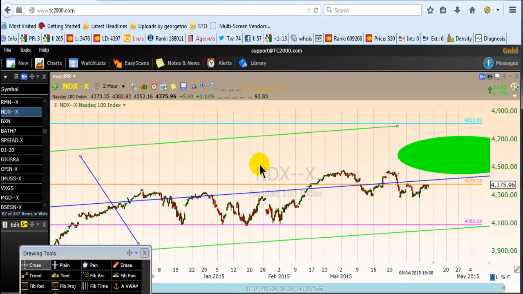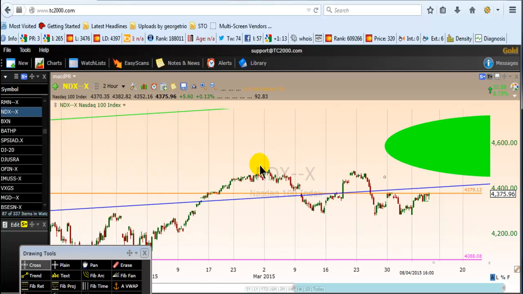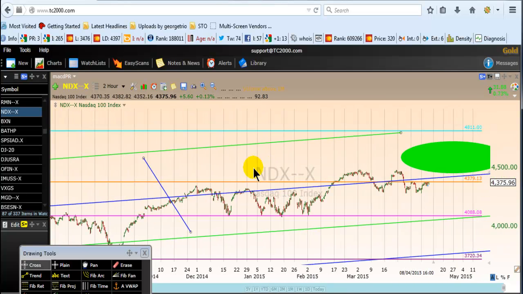Looking at the Nasdaq 100 on a 2-hour chart, can you see a new market pattern? There is a consolidation taking place. I don't want to draw any more lines on my chart. I just want you to remember that there is a consolidation taking place between the short-term equilibrium price level, which is the orange horizontal line, and the long-term equilibrium price level on the 2-hour chart.